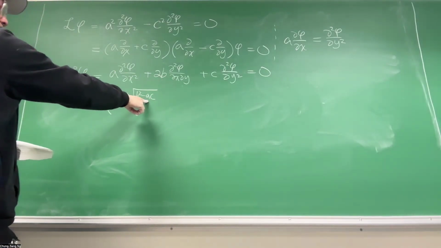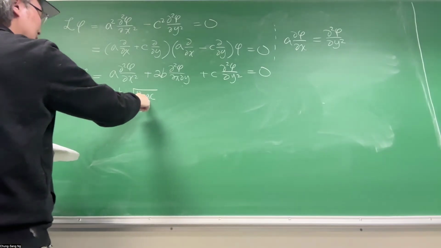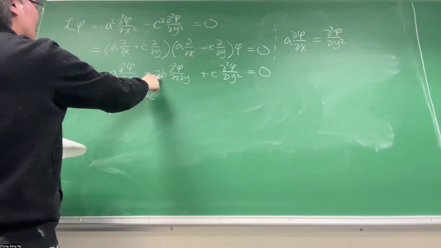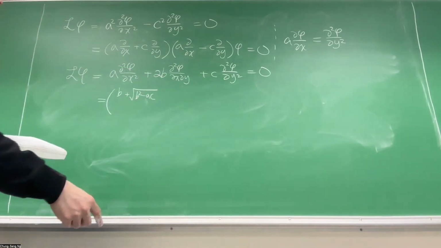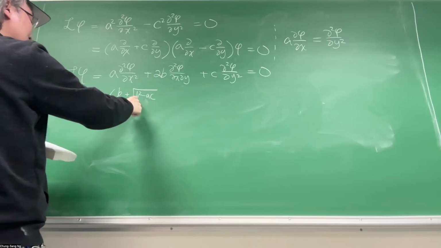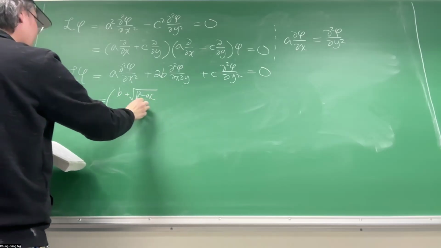Usually there's a 4, but because of your choice of this factor of 2, you just have this B squared minus AC instead of B squared minus 4AC. Right?